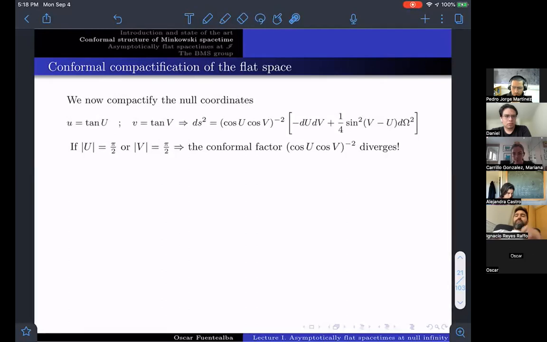We can see that in this case, the conformal factor diverges. So we are putting all the divergences, when we go to infinity, in this conformal factor that I will call psi. Maybe I will need it in the future. I'm pretty sure that yes, I will need this name. So please remember psi, which is equal to cos capital U times cos capital V.